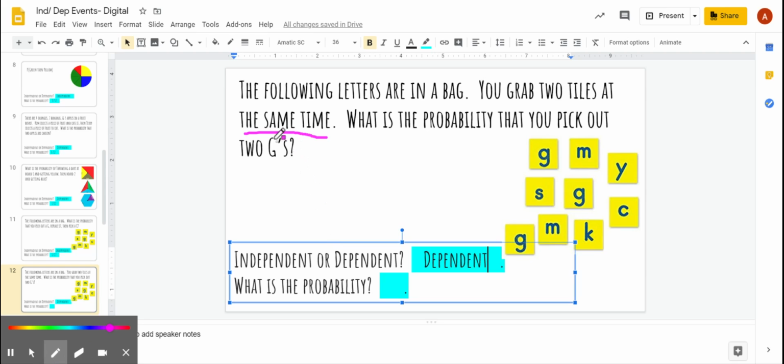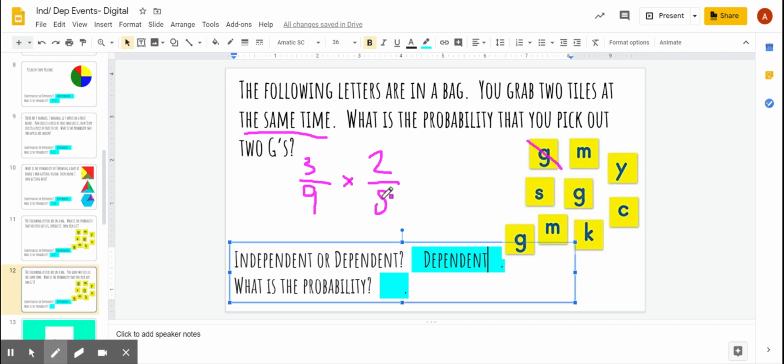So let's find our numbers. So that means I'm going to pick a G out, basically, and then pick a different G out. So the first G, there's still 3/9 originally. But then we have to assume one of the letters in our hand is one of those G's. So that one's gone. Now I've only got 2 left. And it's not out of 9 tiles. It's now only out of 8 tiles. Okay. Simplify now or simplify later.